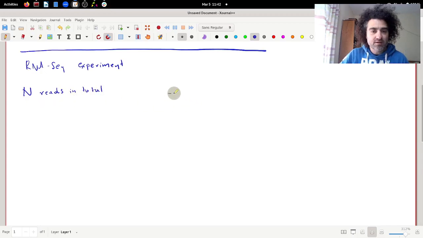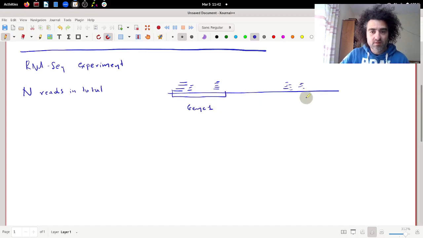So these n reads are actually reads that are mapped to different genes. Like this, for example. So this is gene 1, this might be gene 2, and so on. So in total we have n reads.